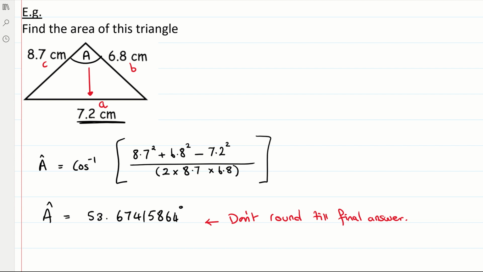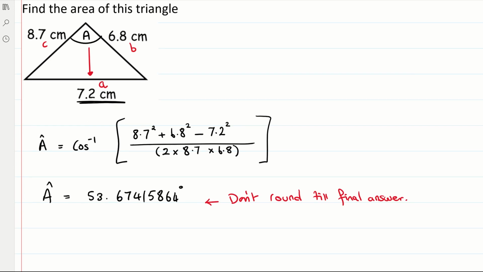Okay, so for the area I need to use these two because these are the two sides that the angle I found is trapped between. So the area of the triangle is half times 8.7 times 6.8 times sine angle. And on your calculator, because it's still there, you just use the answer button.